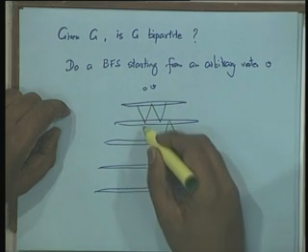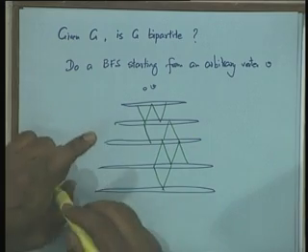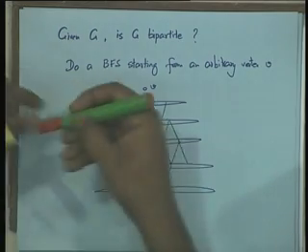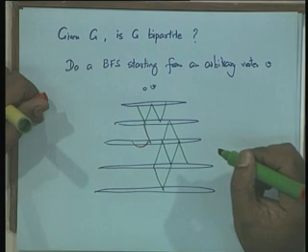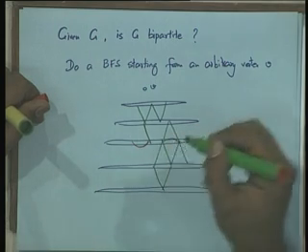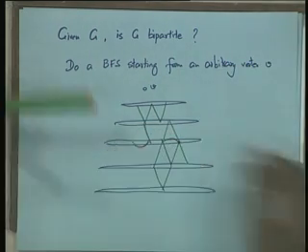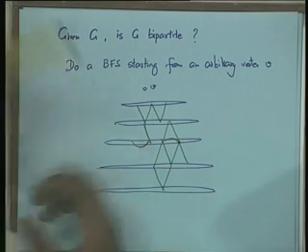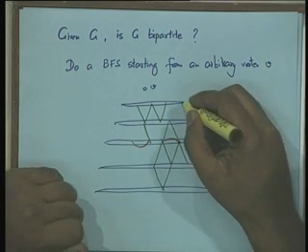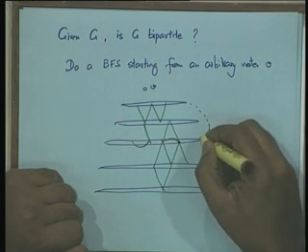And there might be some edges which go within a level. There would be no edges which jump levels. There cannot be an edge which goes like that.